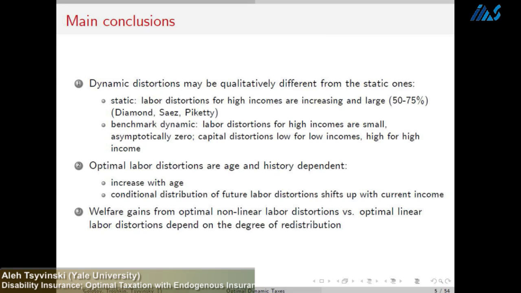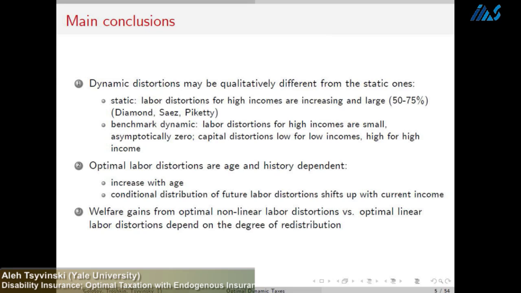I'm going to show you how in the static setting there are two key forces that determine the size of the labor income tax. One is elasticity, which you mention. The second is the tail ratio: how many people are above you versus how many people are below you.